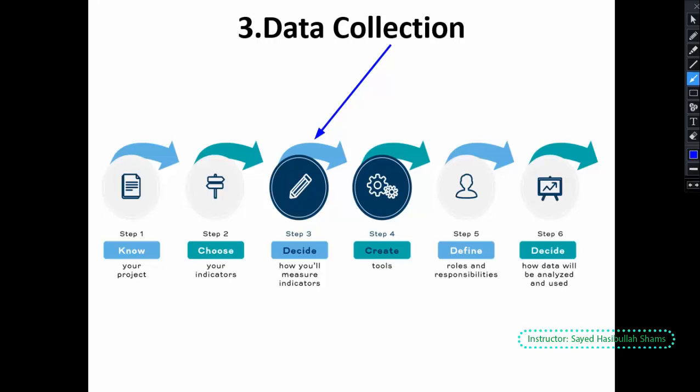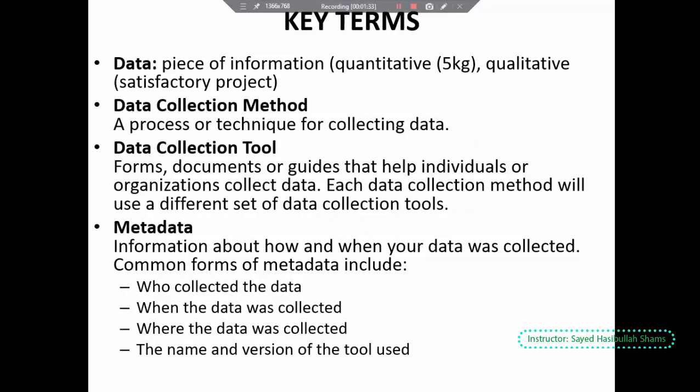We will discuss this one by one, and our first key term is data. What is data? Data is part of information, and a piece of information is called data.